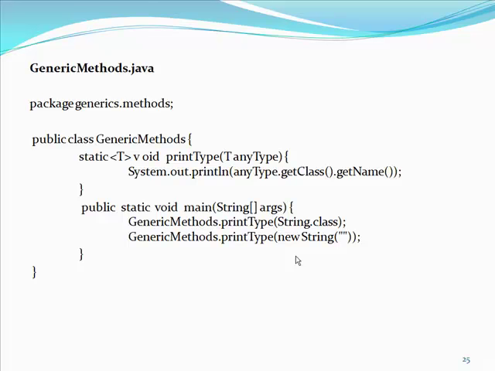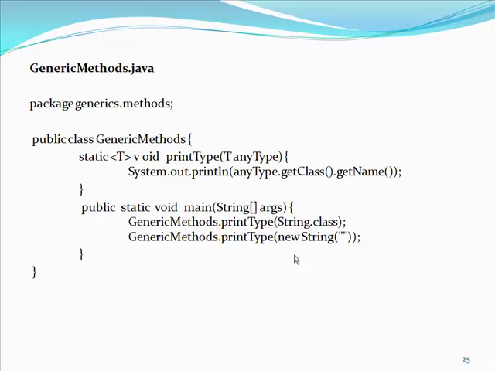The following code snippet shows how to declare a generic method. If we look at the way in which a generic method is declared, we find that the static method printType has a return type void and it takes a single parameter called t. Here, t stands for any parametric type which can be substituted with any of the Java types by the clients.